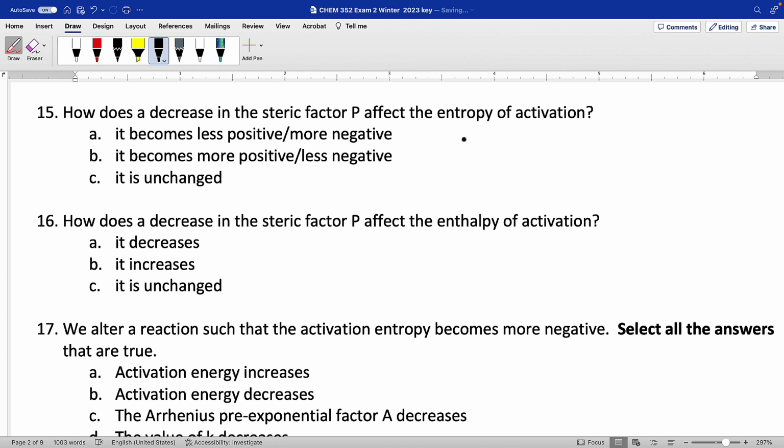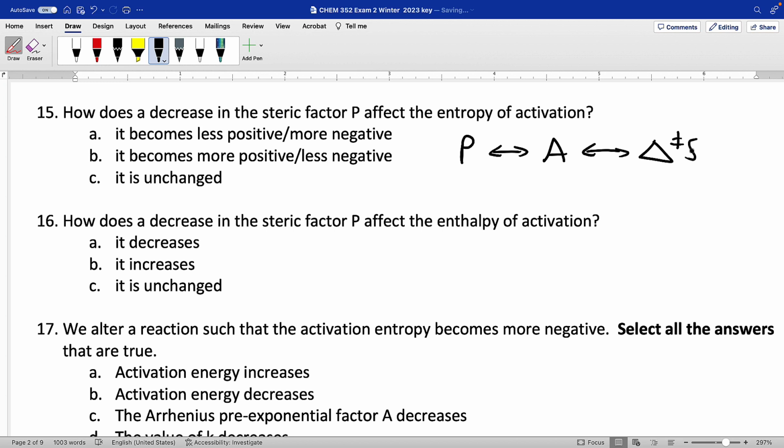All right, how does a decrease in the steric factor affect the entropy of activation? So what you want to do is make sure that you have the idea that the steric factor helps determine how big the pre-exponential factor A is, and that in turn is related to the change in entropy upon forming a transition state. Those things are all in the same sort of mental bucket, right?